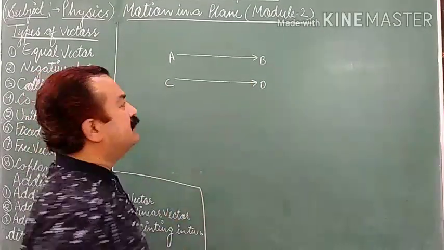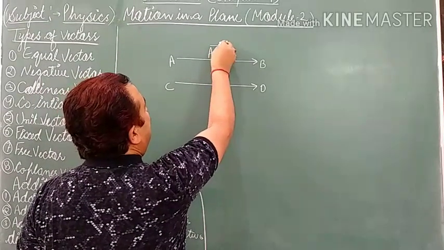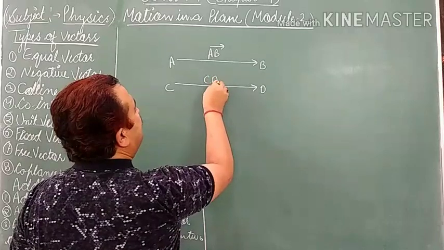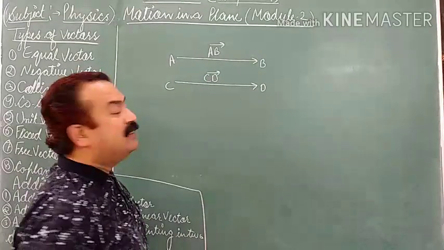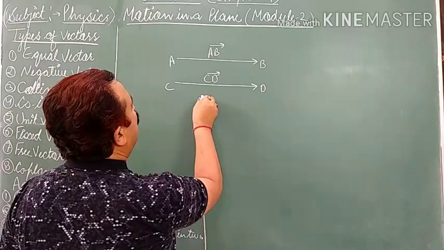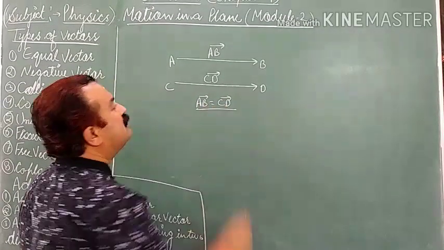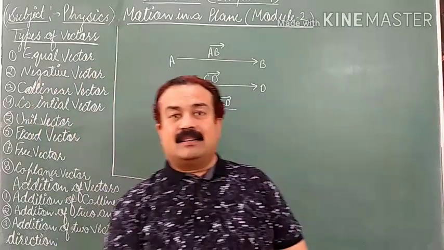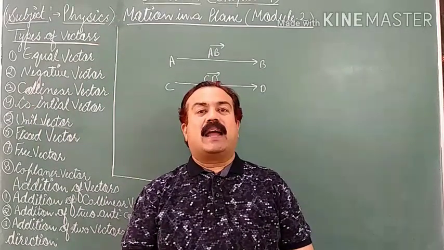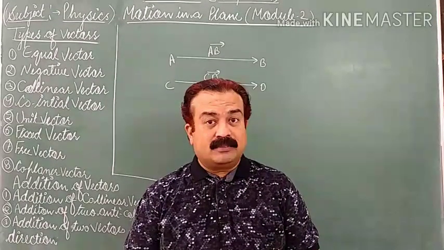If I represent them as vector AB and vector CD, we can say that these two vectors are equal vectors, because they are equal in magnitude and in the same direction.